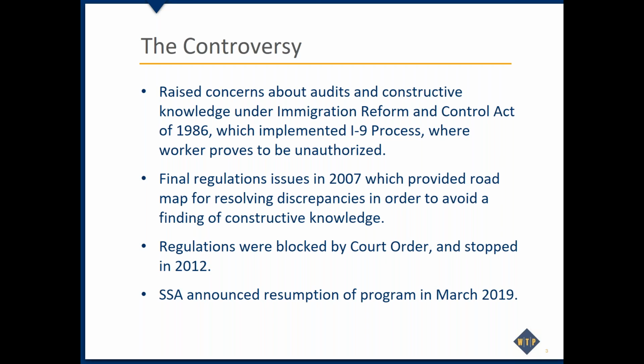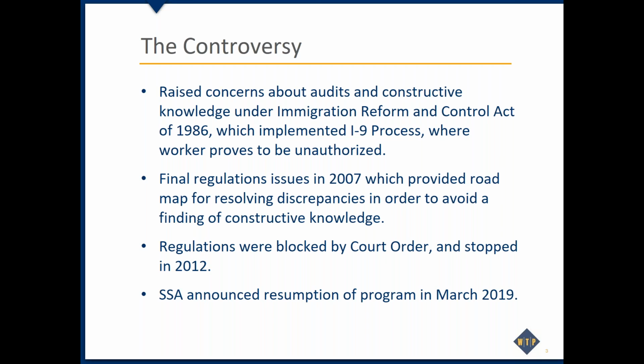Those regulations were blocked by court order and never went into effect, although they are still available if you look for them, and they do provide a fair degree of guidance as to what a reasonable approach might be in addressing a discrepancy in order to avoid a finding of unauthorized employment and constructive knowledge on the part of the employer. Shortly after that, in 2012, the Social Security Administration stopped issuing no match letters.